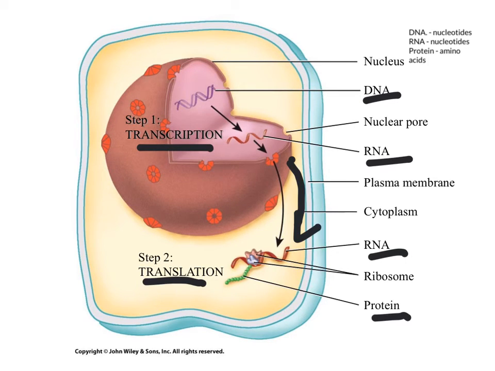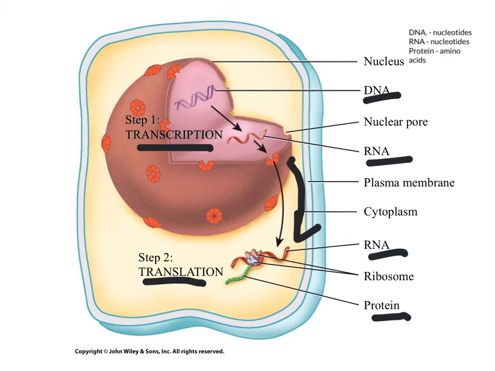So here we go. The best way to think about this is when you're doing transcription, you're rewriting something, right? And so when you're going from DNA to RNA, it's basically the same thing. You're rewriting the nucleotide to a nucleotide, but you're changing it ever so slightly, taking out the thymines and adding uracil. So that's transcription, going from DNA to RNA.